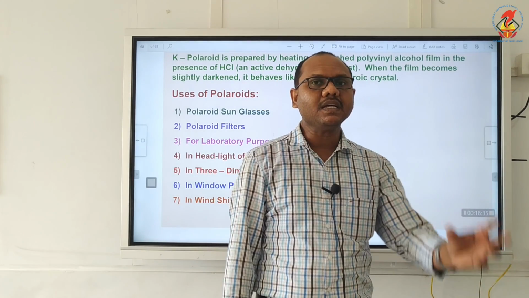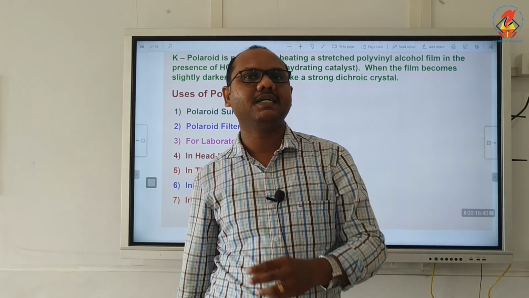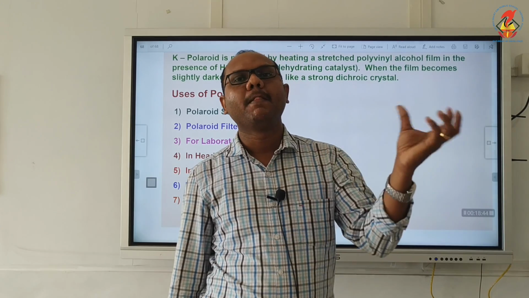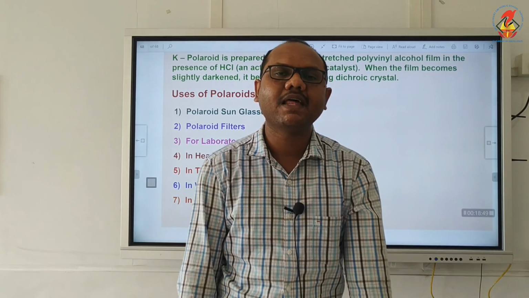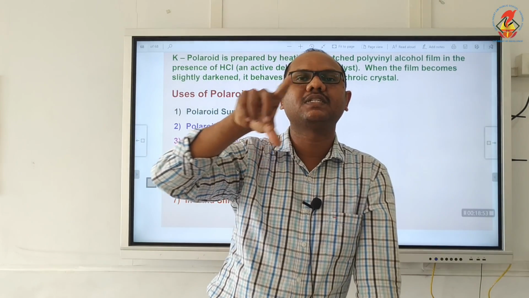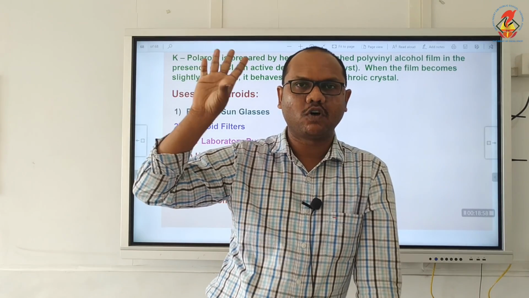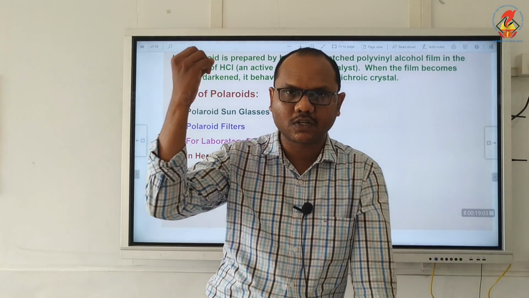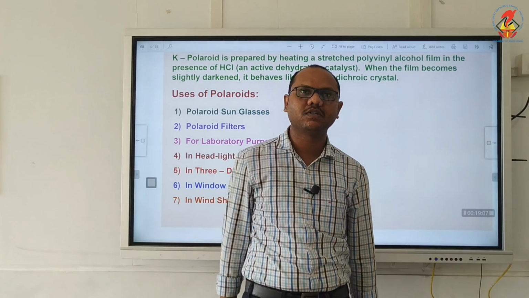The electrons which are vibrating along the direction of the electric field vector cannot transmit energy to the observer. They will absorb. So the electric vector component parallel to their vibration will be absorbed by the electrons. Those electrons cannot transmit the light to the observer standing on the ground.